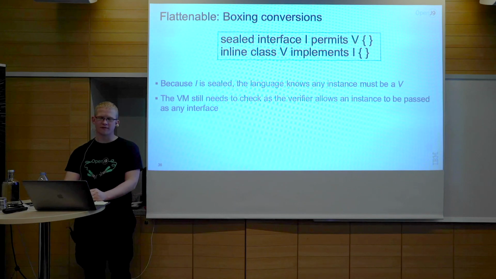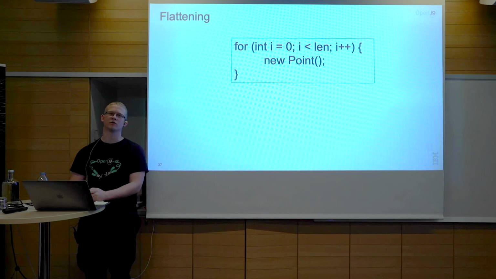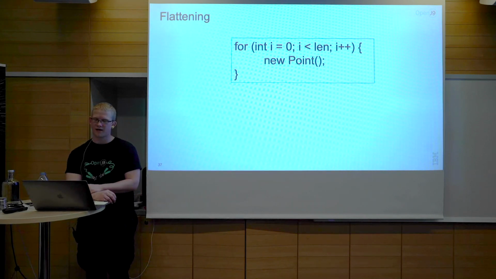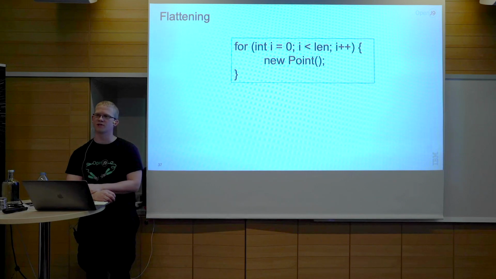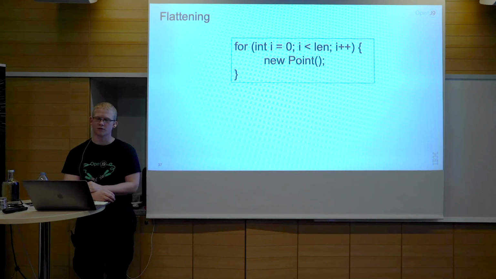All right, so we've been talking about flattening, and one of the areas where we don't flatten, at least in our implementation, is in code like this when we run it in the interpreter. So if I was to flatten this, I would need to allocate some space on the stack, but I don't know how long length is in the interpreter. It might be passed in, it might be fetched from somewhere else, and so I don't know how much stack space I need to reserve for this.